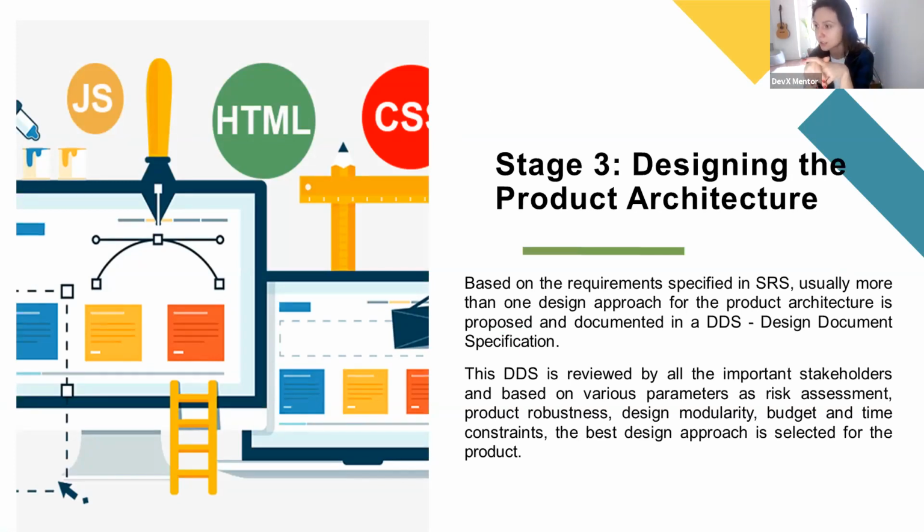This DDS is reviewed by all the important stakeholders and evaluated on various parameters such as risk assessment, product robustness, design modularity, budget, and time constraints. The best design approach is selected for the product.